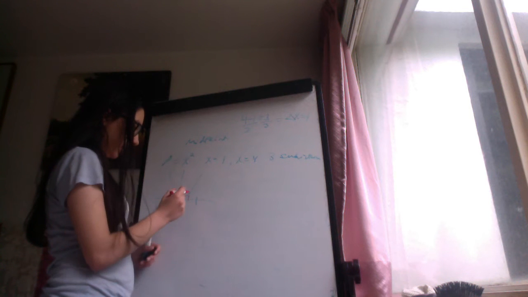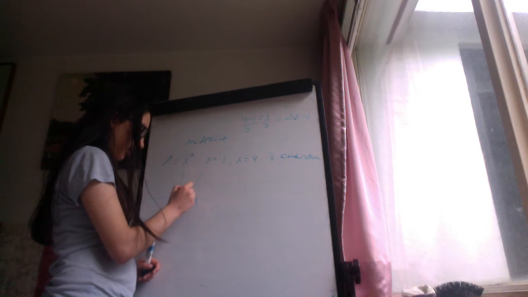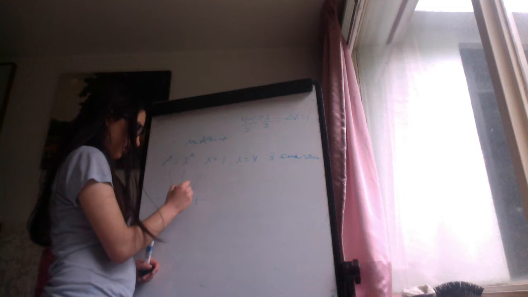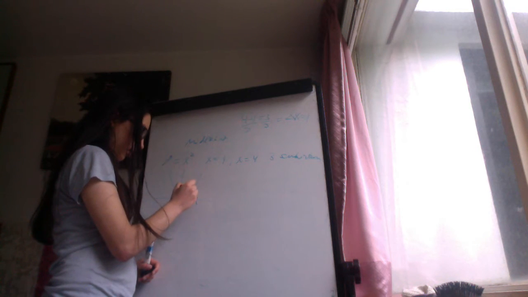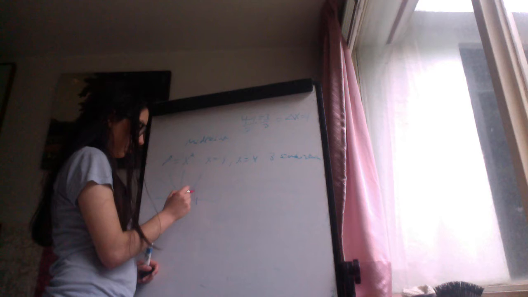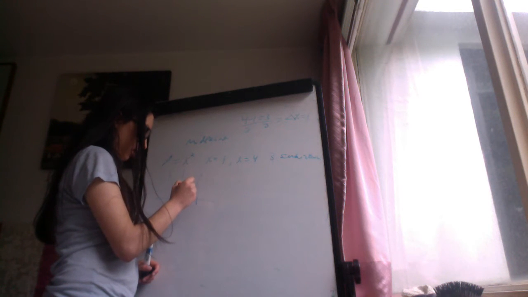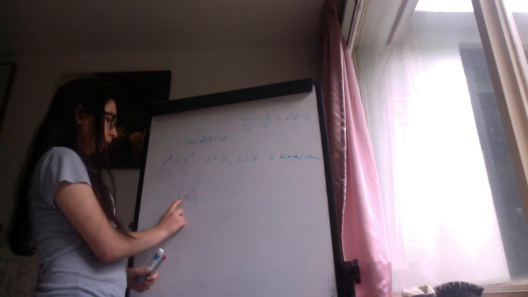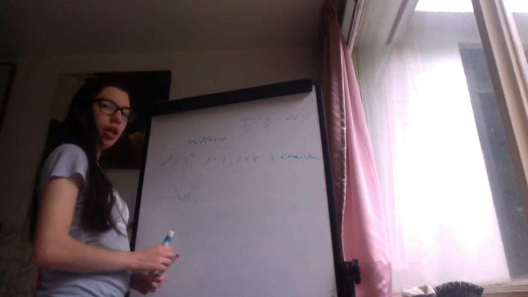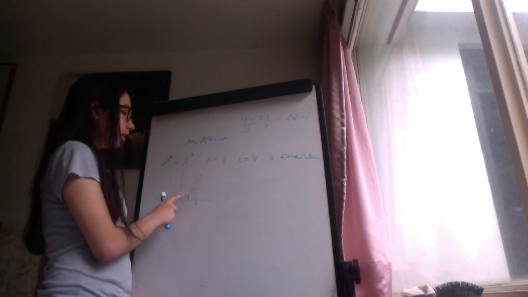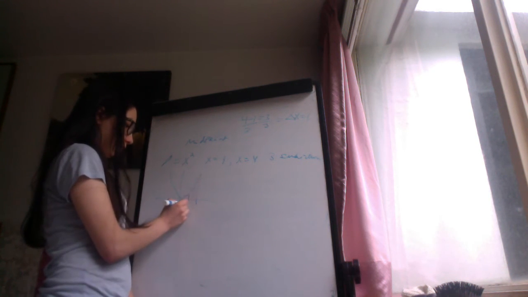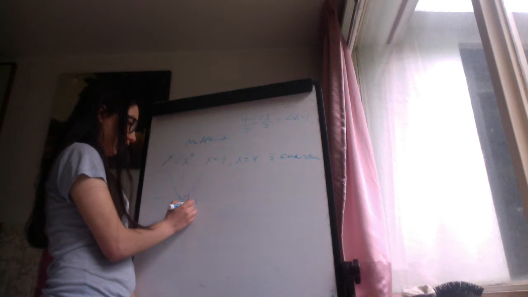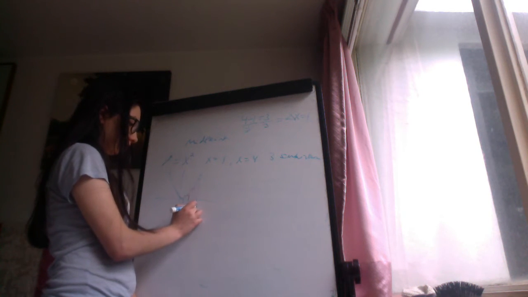The next one will be, let's say this is the next midpoint, so it will be this one, and the other one will be this, something like this. So the width of each rectangle is delta x, and the height is f of the midpoint. So this is 1, this is 2, 3, and 4.